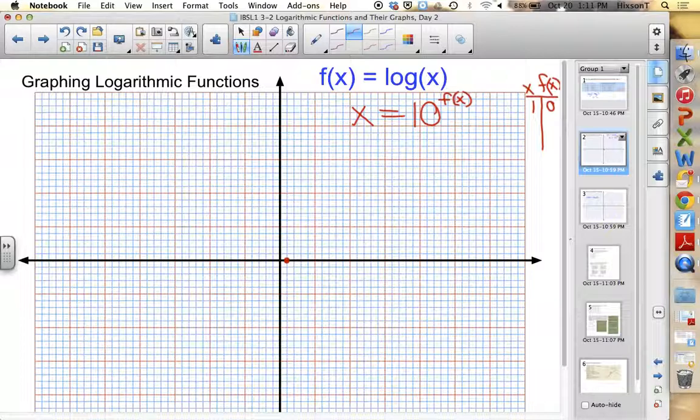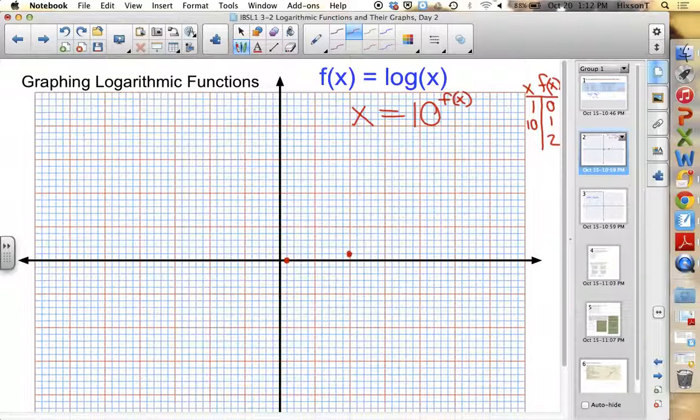Now, let's say I want f of x to be 1. Then I would have 10. If this is 1, then this is going to be 10. So when x is 10, I'm here at 1. What if I want f of x to be 2?